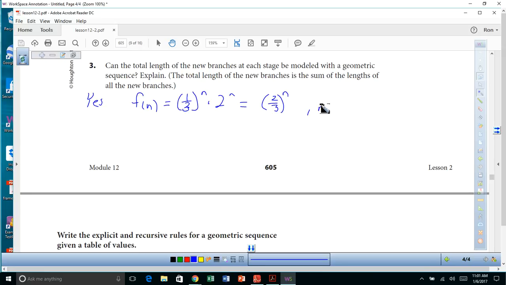And of course n is greater than or equal to 0. So the equation would be f of n equals 2/3 to the n power, n is greater than or equal to 0. And if you wanted to put the a in there, that would be a 1. So this is a geometric sequence.